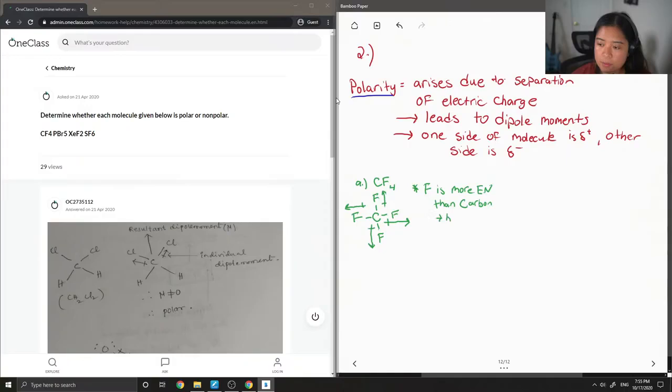So the bond is polar, but the CF4 molecule is nonpolar.